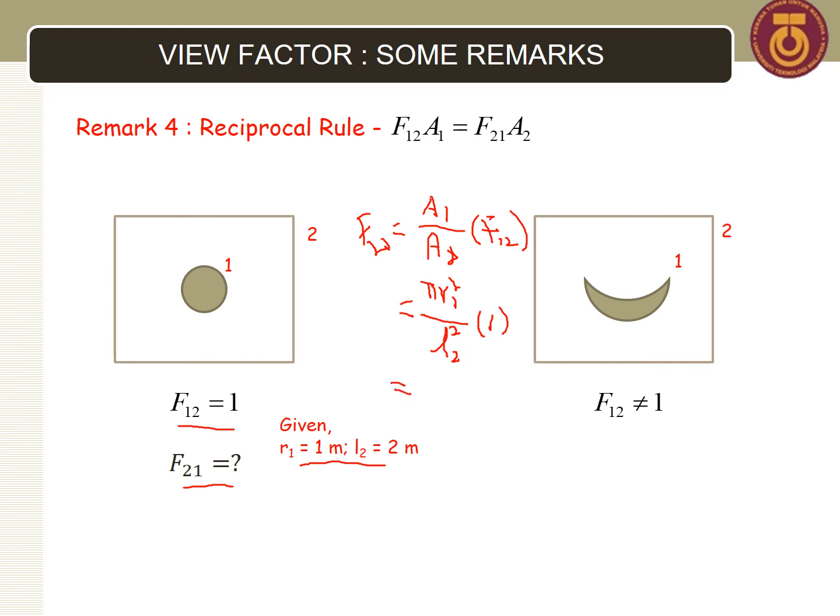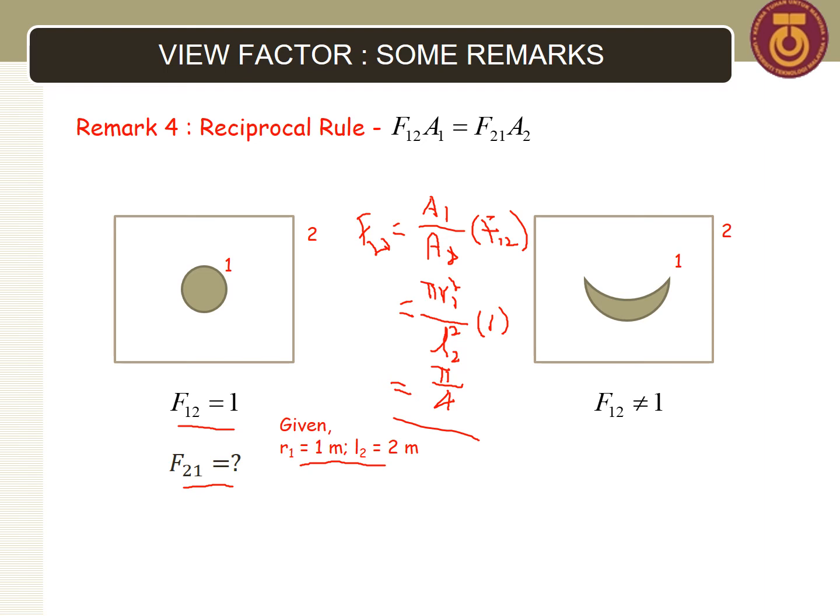So from there we know it is pi over 2 times 2, and 2 times 2 is 4. So F21 equals pi over 4. So you see how useful this reciprocal rule is.